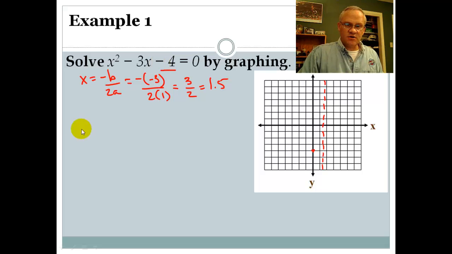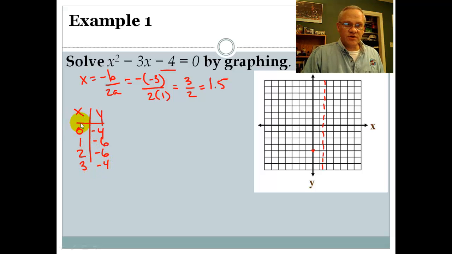I'm going to make a little table of values to show you what was on my calculator. I've got a point of 0, negative 4, then 1, negative 6, 2, negative 6, 3, negative 4.